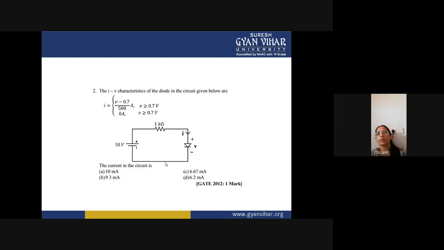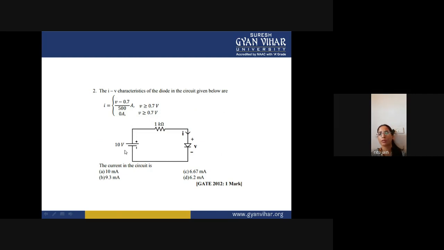The current is (V minus 0.7) divided by 500 ampere when the voltage is greater than or equal to 0.7 volt, and 0 ampere otherwise. When the voltage is less than 0.7 volt, the diode will not conduct and it will behave like an open circuit, so the current will be 0 ampere.